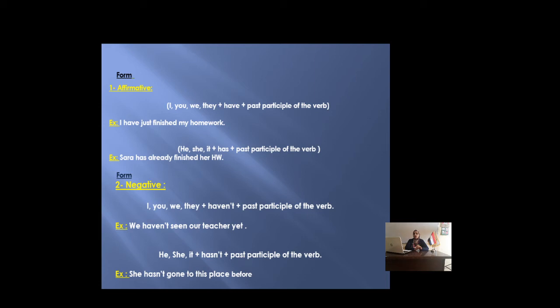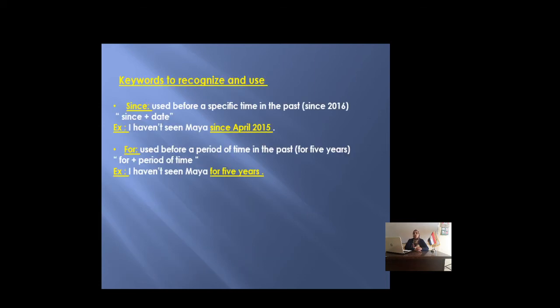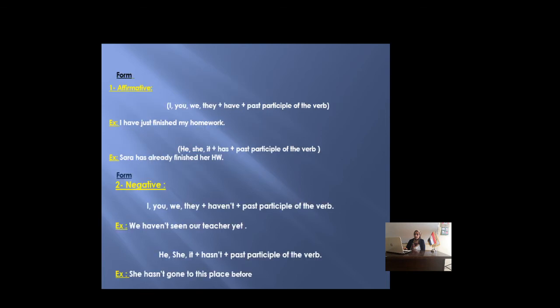For plus the period of time: I haven't seen Maya for 5 years. So if you are going to change from for to since, you have to write a specific time. For example, I haven't seen Maya for 5 years. If you want to use since, you are going to say, I haven't seen Maya since 2015.